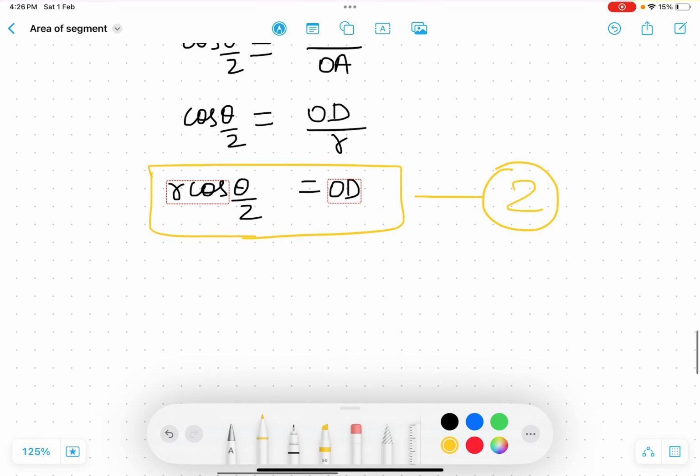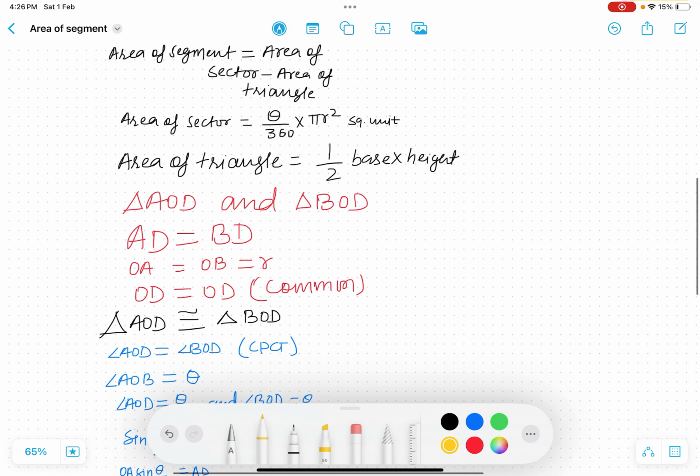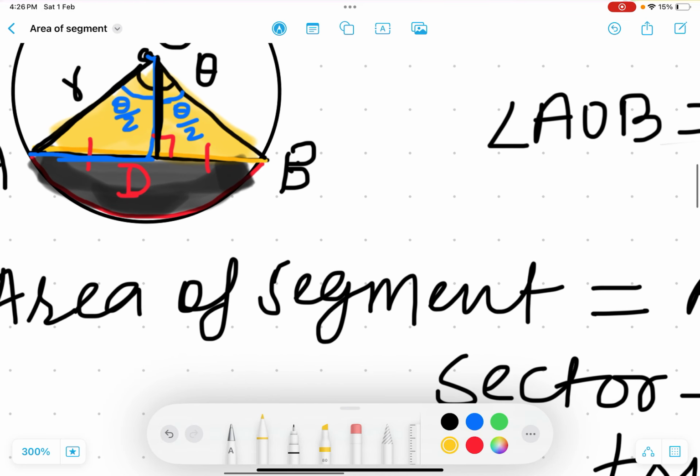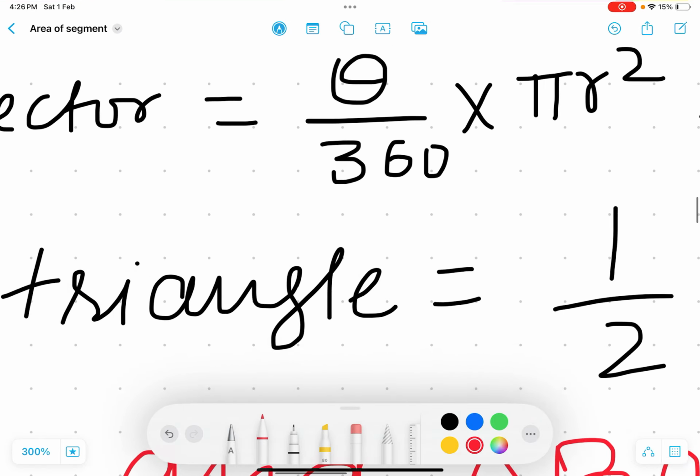Now, in the beginning, we have written the area of the triangle as base into height. So in this triangle, what is the base here? The base is AB, and OD is the height. So shall we write this formula as 1 by 2 into base into height?